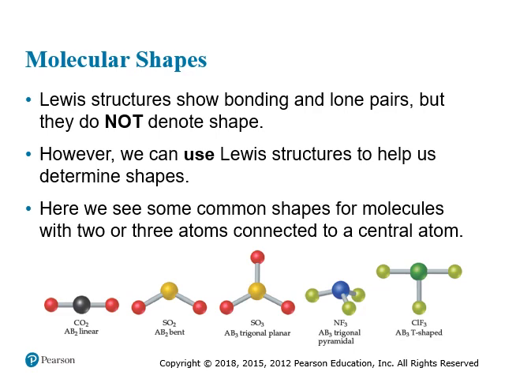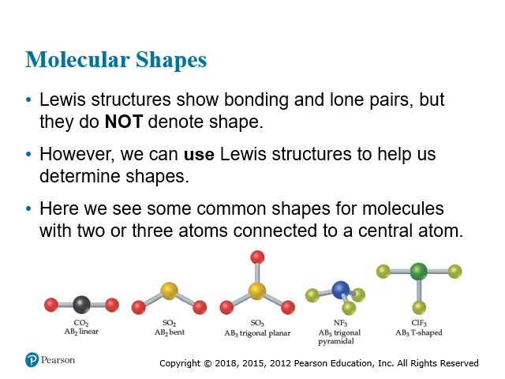Now, we may not have a good grasp on why that is, but that's because Lewis structures cannot give an indication of molecular geometry or shape. They show the bonding scheme, they show the non-bonding electron pairs, but they do not indicate shape. However, we can use Lewis structures as a tool in order to determine the shape or the molecular geometry of molecules.